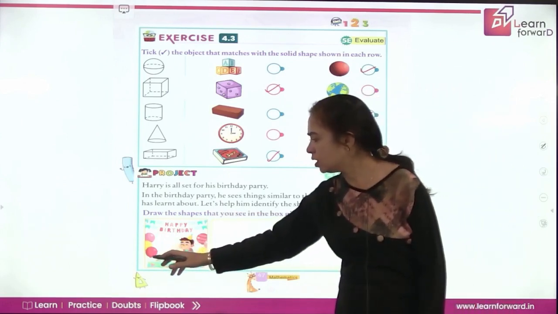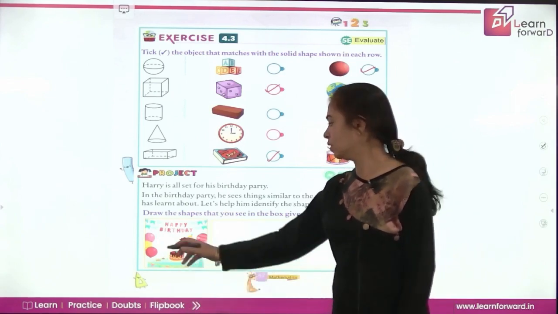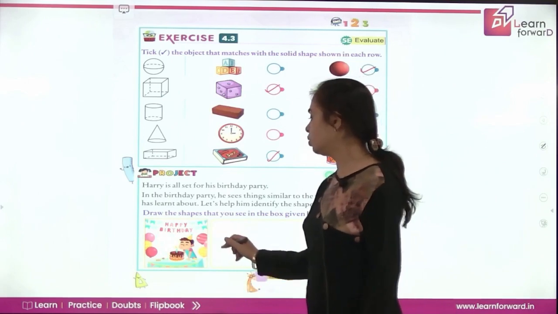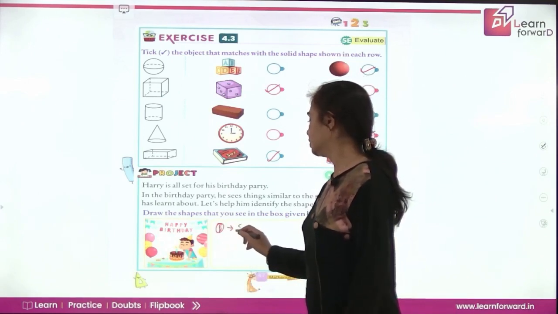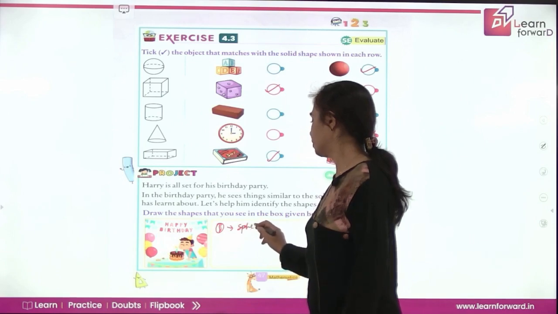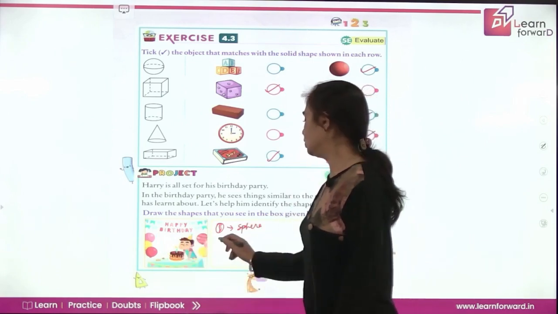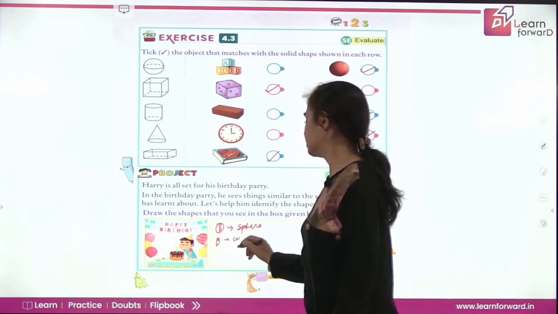What do you see? This is a sphere. They look like, they are the balloons. They look like a sphere. So you can draw shape here and you can write sphere. Next, what do you see? Candle. What does it look like? Candle is cylinder.